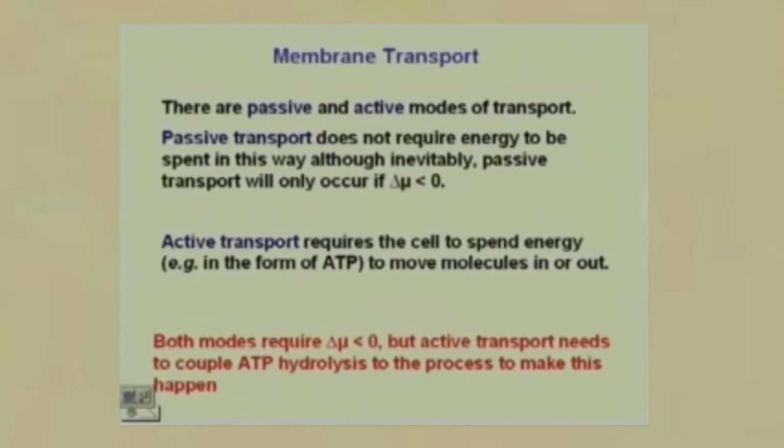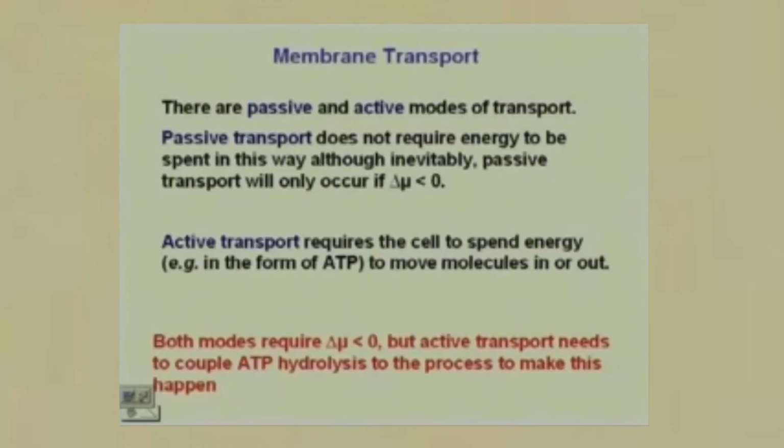In the case of passive transport, this extra energy is not required, so delta mu is less than 0. But for active transport, where one of the reactions is going to have a delta G that is positive, the energy released from ATP is going to more than compensate for that positive delta G value and give you an overall delta G that is negative. The two reactions are coupled so that the transport can occur.